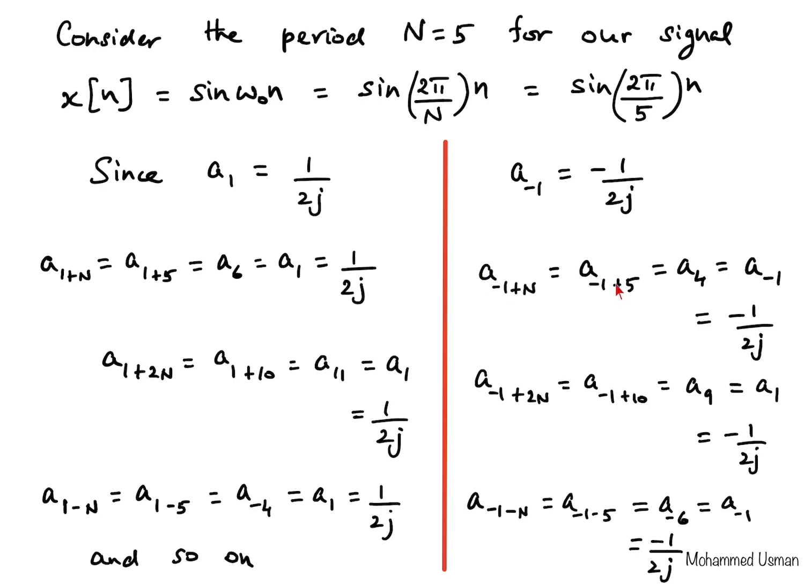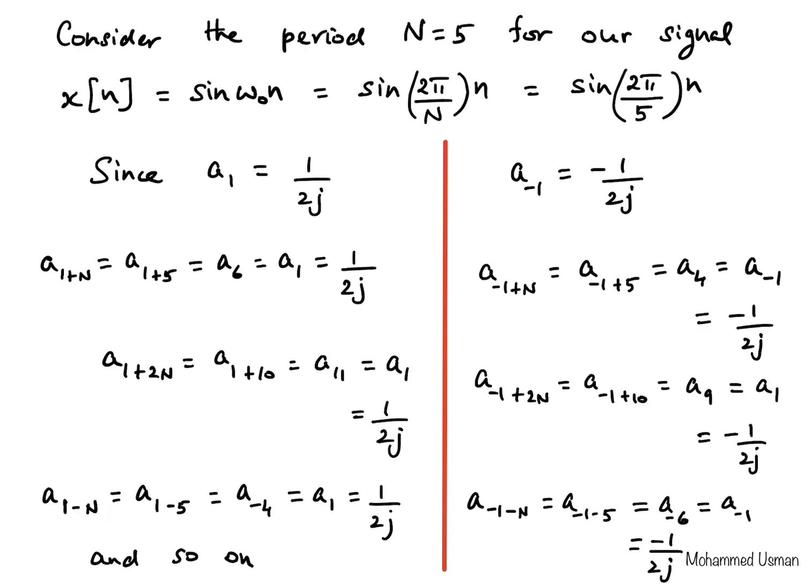Similarly, a minus 1 plus n, that becomes a4, is the same as a minus 1. We can have a1 plus 2n, 2 times n. Since n is 5, it is 1 plus 10, which becomes a11, and is also the same as a1. Similarly, a minus 1 plus 2n is a9, which is the same as a minus 1. Or we can shift it to the other side.